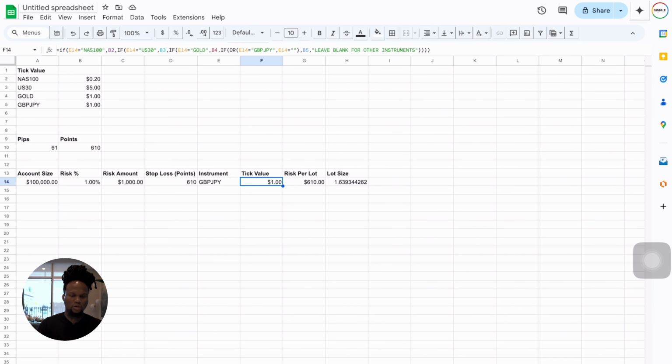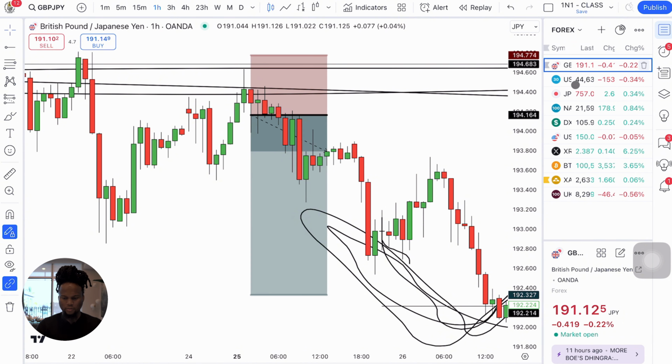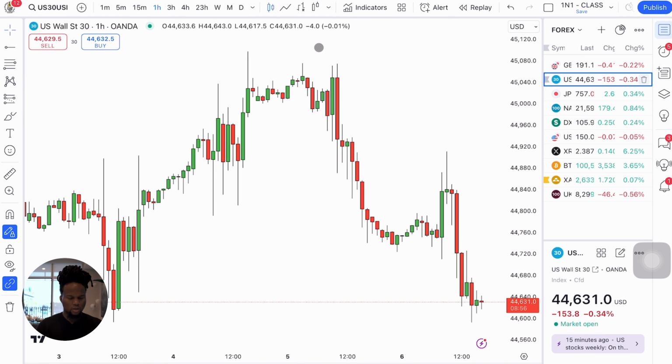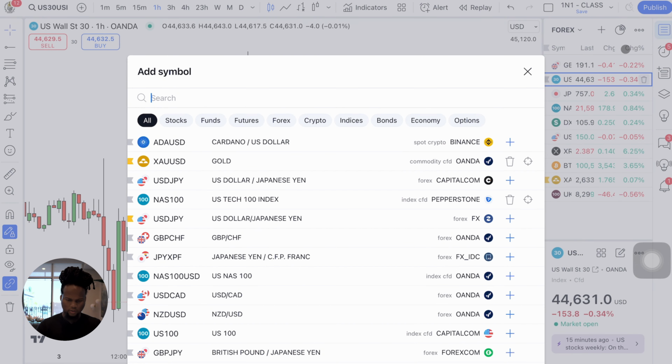So what if I was going to go on US 30? I'm on US 30 right now, and I caught a really good move on US 30.